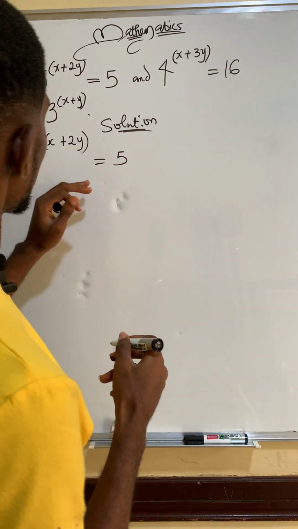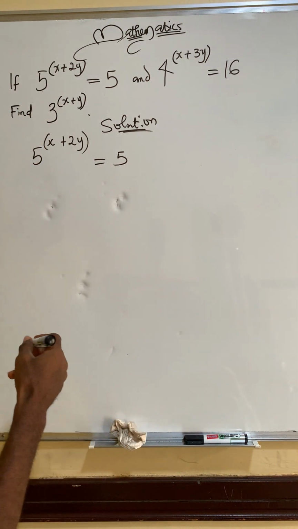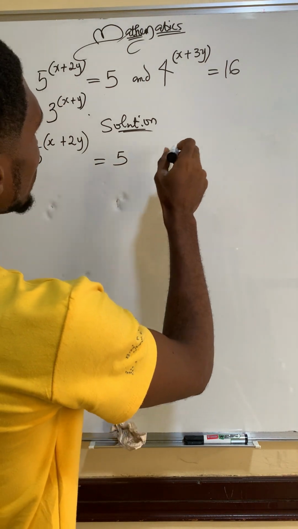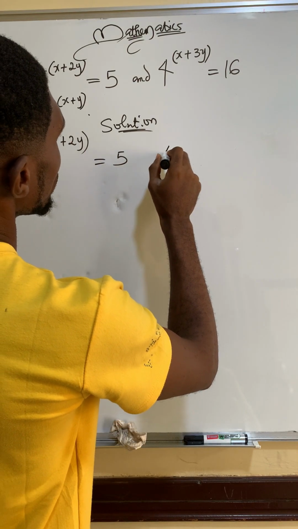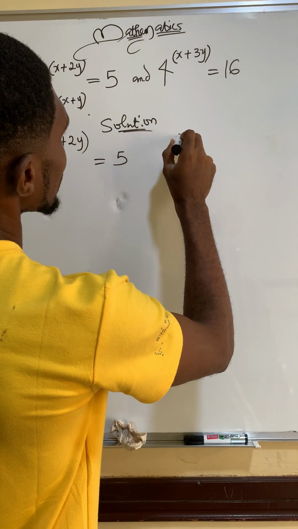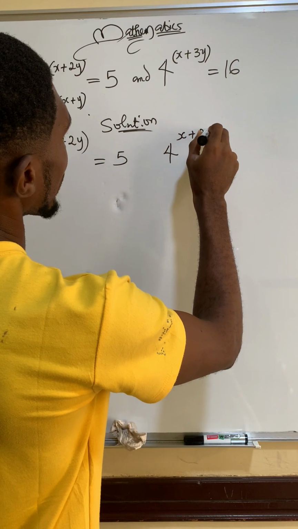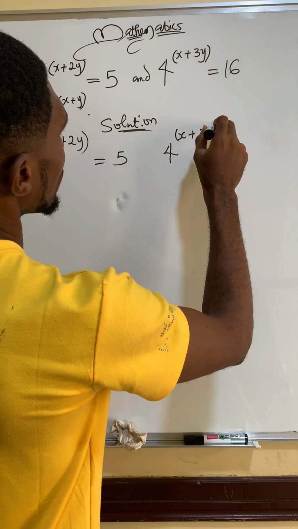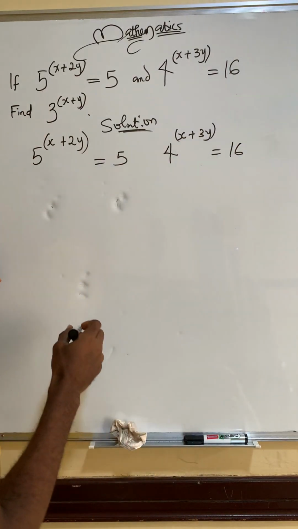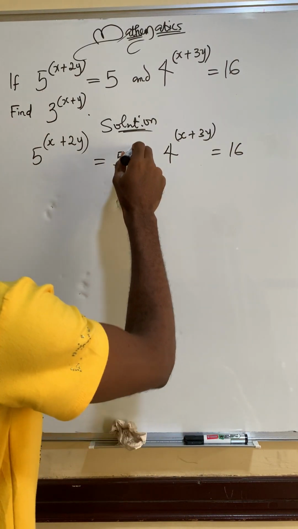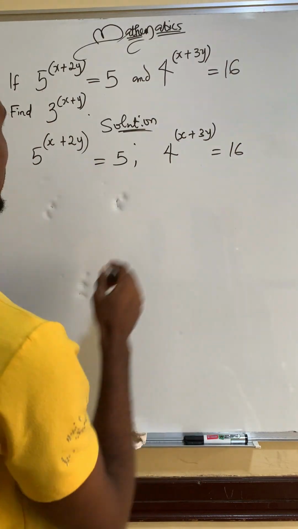And so let's do this first, okay? But then maybe as we're doing this part, let's also do this part too. We have 4 raised to power x plus 3y is equal to 16. So what will happen is that we will do this part. I will also do this part.